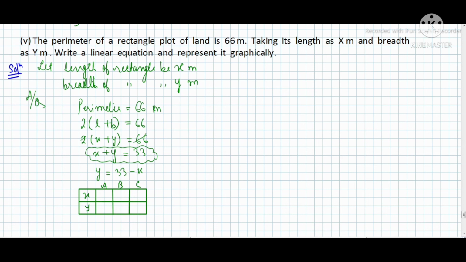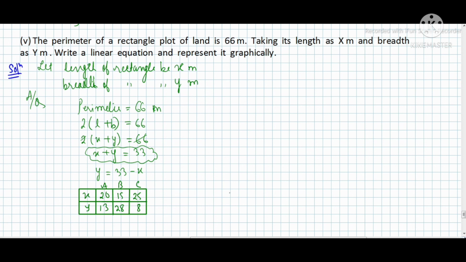So take value of x as 20, then 33 minus 20 is 13. Then you can take 15. So 33 minus 15 is how much? It will be 18. Okay, next you can take 25. So it will be 8.